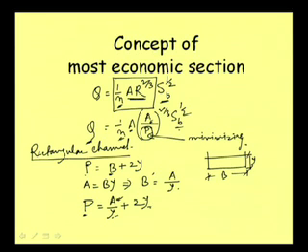So, how can we have minimum P? If we say dP/dy equal to 0, then this expression will give us the minimum perimeter.